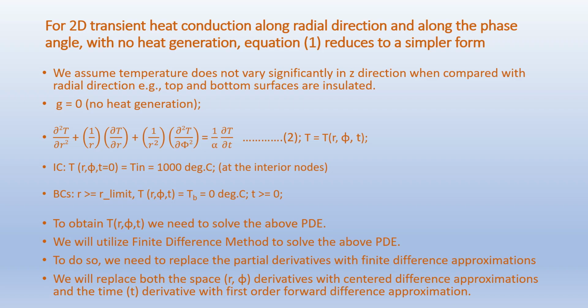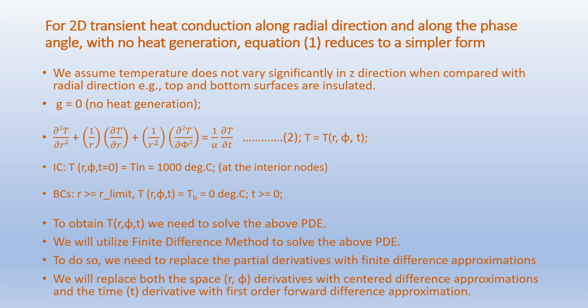So there is no heat generation, so G equals 0. Accordingly, we get ∂²T/∂r² plus 1/r times ∂T/∂r plus 1/r² times ∂²T/∂phi² equals 1/alpha times ∂T/∂t, and T is a function of r, phi and t.